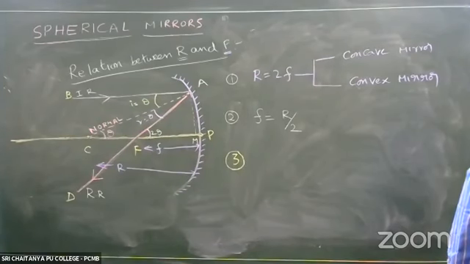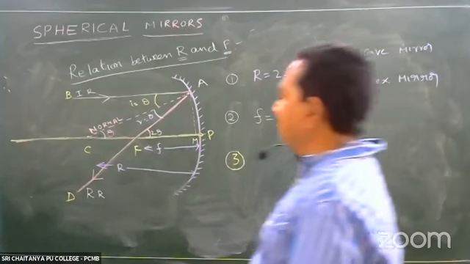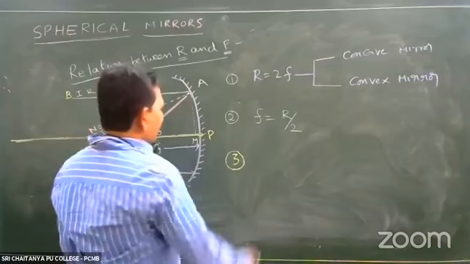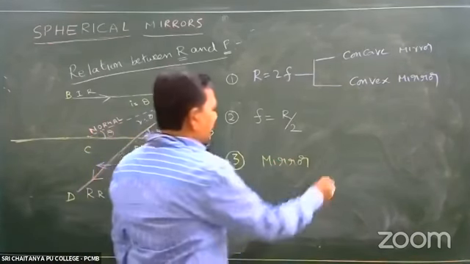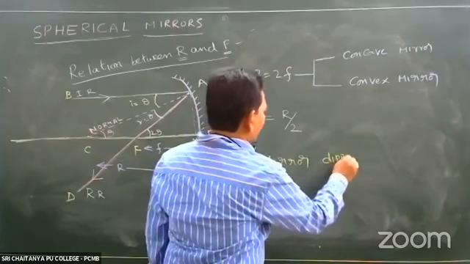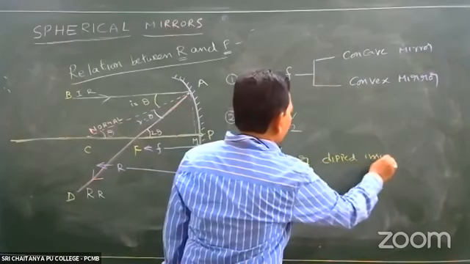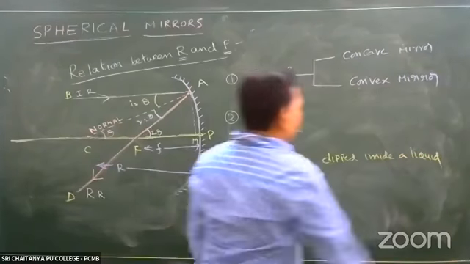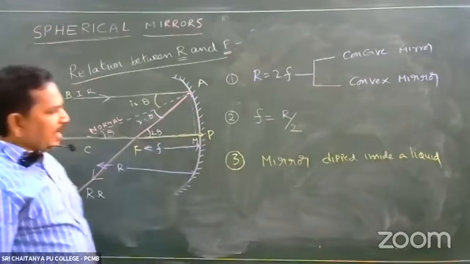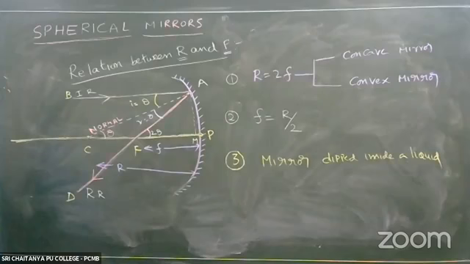Does the focal length change? This is important for competitive examinations. The mirror is dipped inside a liquid, maybe water. What happens to the focal length? Focal length is independent of wavelength. Here there is no lambda.